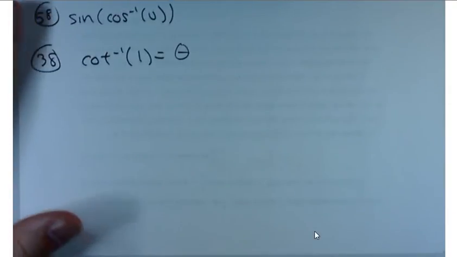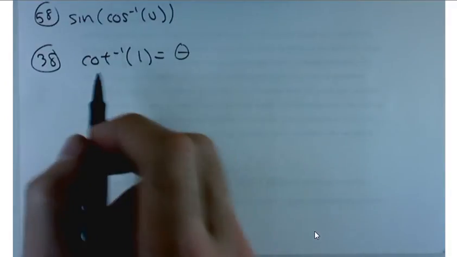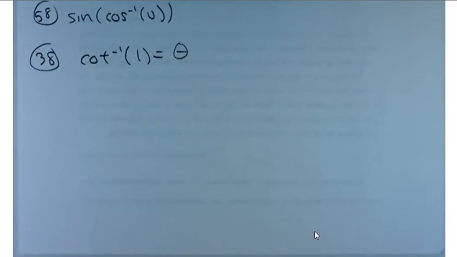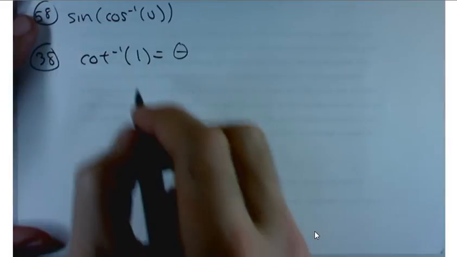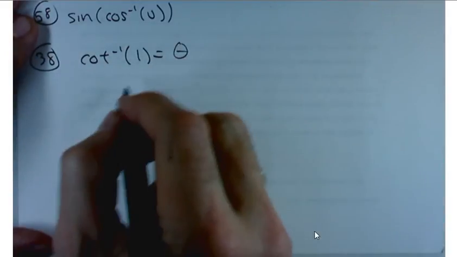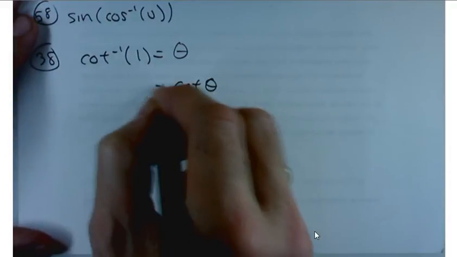But remember that the inverse trig function of a number is an angle. Can someone write that equivalently? What's an equivalent way to write this? Cotangent of theta equals 1.